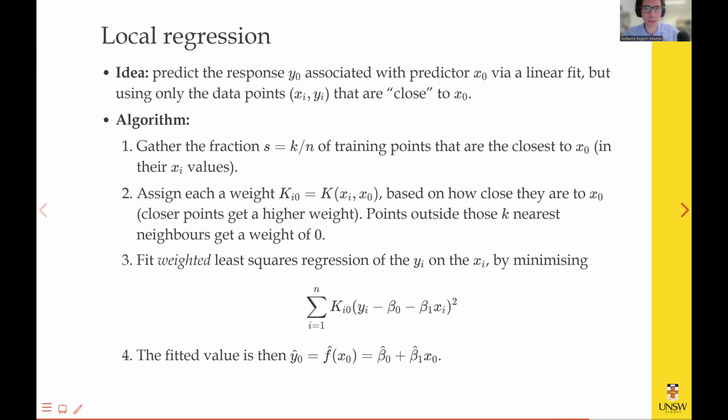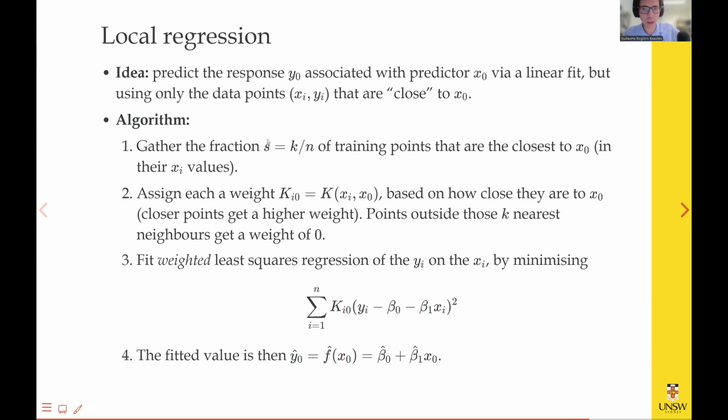So let's explain that with the procedure to do that, called the algorithm. The first step is that you gather only the fraction of the points that are close to your x0, and this is characterized here by s. Now, s is k over n, where k is simply the number of points that are the closest.